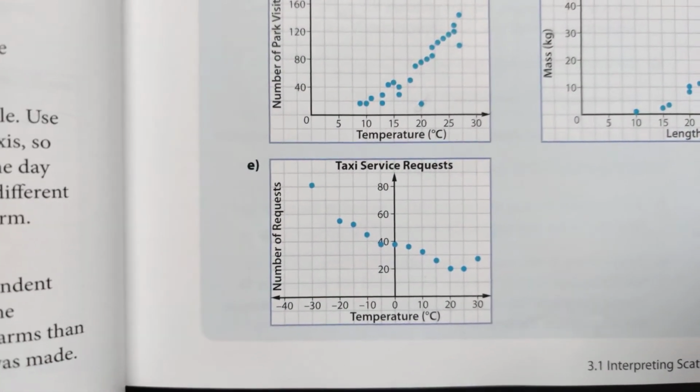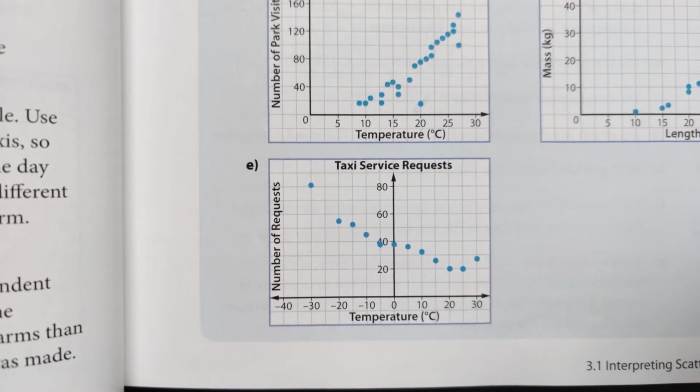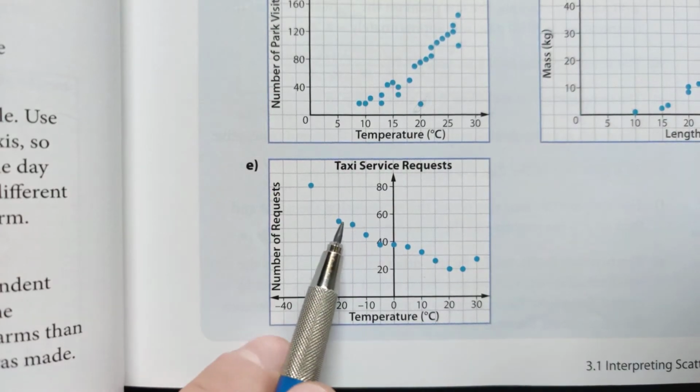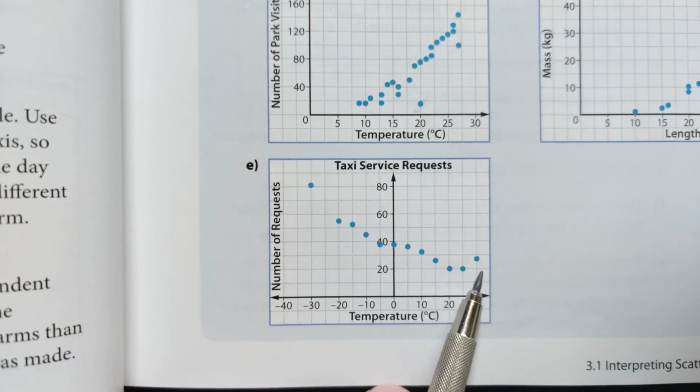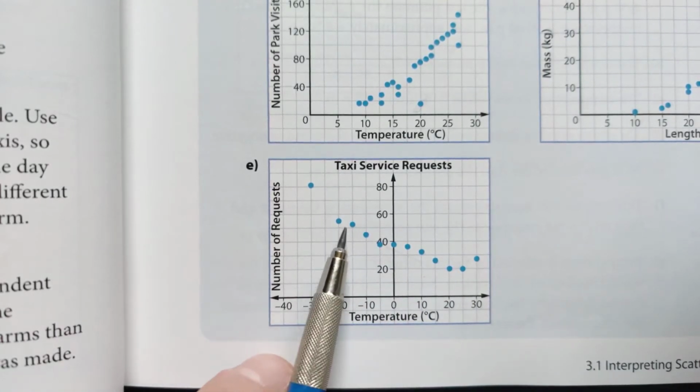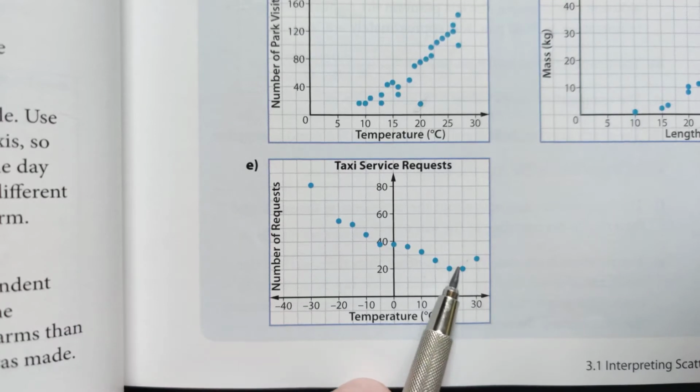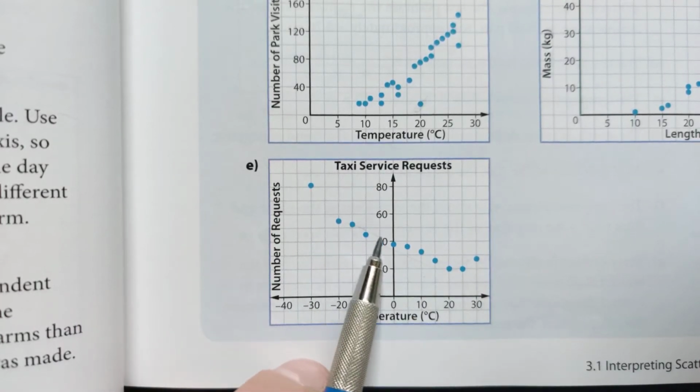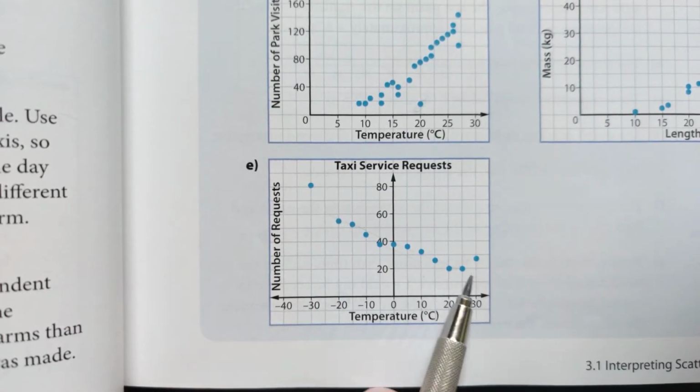Taxi requests. So here, we're generally kind of following this path that as it gets warmer, we're going from minus 20 degrees out up to 30 degrees. In general, we're kind of following this pattern where it's following this line here.